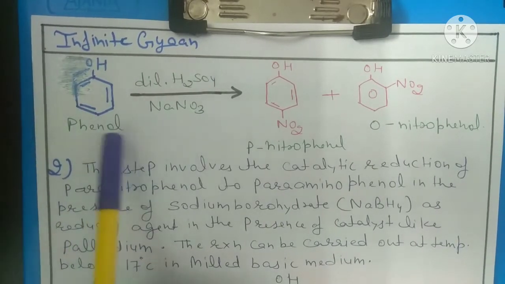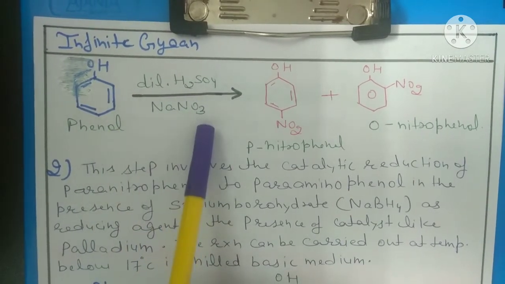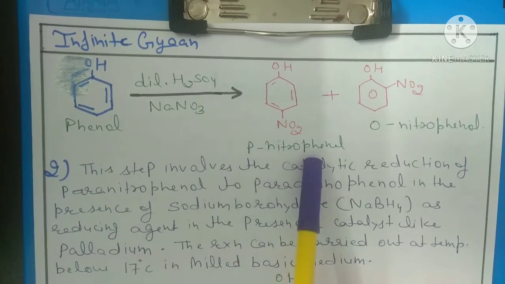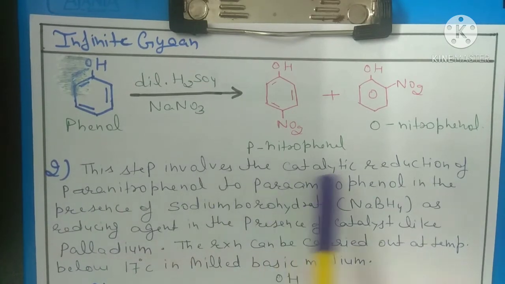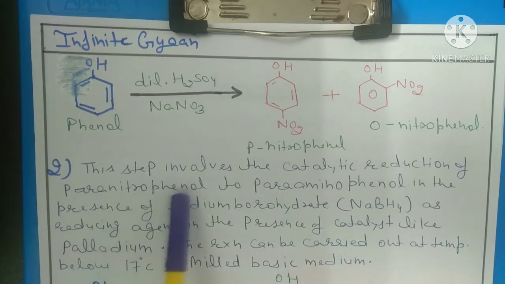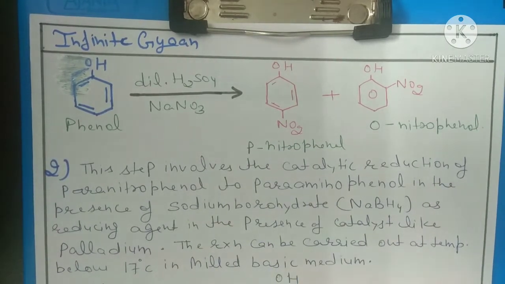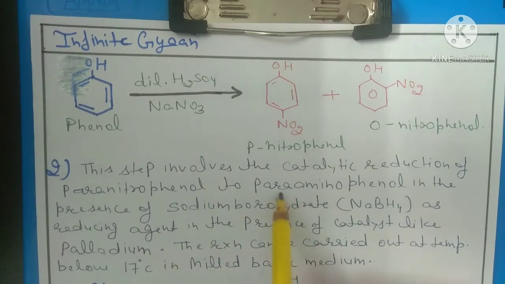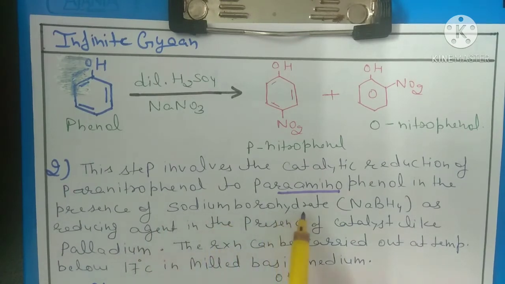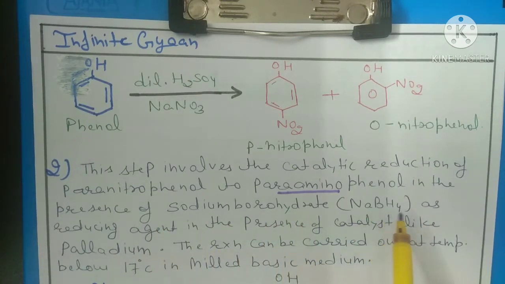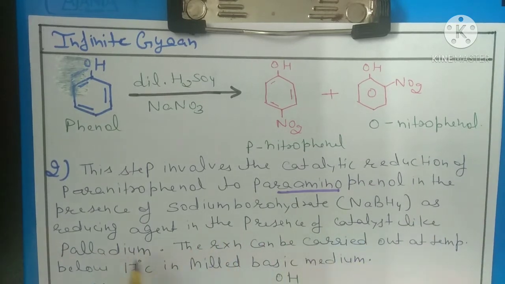As you can see, this is phenol, and in the presence of dilute sulfuric acid and sodium nitrate, we get paranitrophenol and orthonitrophenol. Now this step involves the catalytic reduction of paranitrophenol to para-aminophenol. This paranitrophenol is converted to para-aminophenol in the presence of sodium borohydride, that is NaBH4, as reducing agent in the presence of a catalyst like palladium.